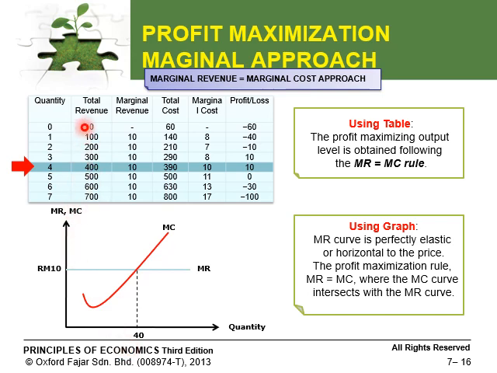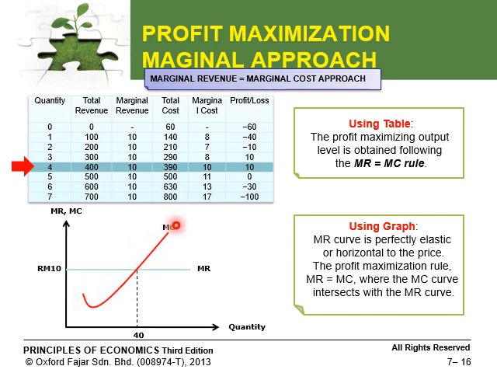You see here, total revenue will increase the moment the quantity offered in the market increases. Meanwhile, the marginal revenue will be the same. As quantity increases or decreases, it stays the same. Meanwhile, the total cost will increase as the quantity sold in the market increases. And the marginal cost will also increase like this.